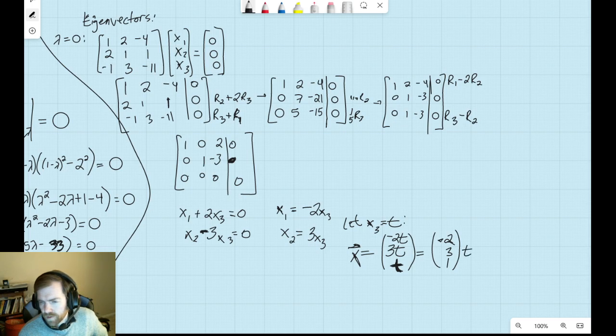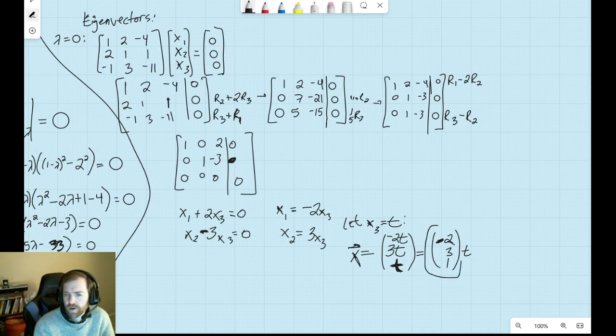And then let's just multiply by t. Alright, so that's going to be one of our eigenvectors, which if we plug it into the original equation, it's going to get us 0, so 0, 0, 0. Therefore, it is part of our null space solution.